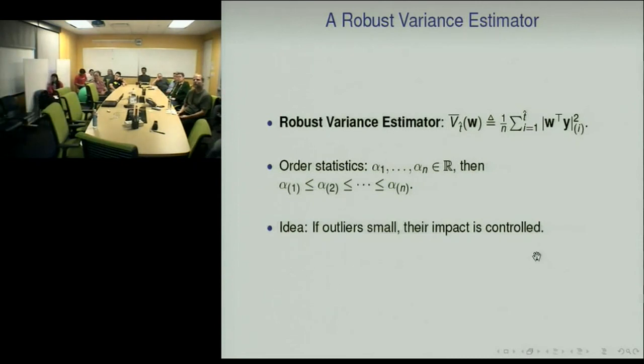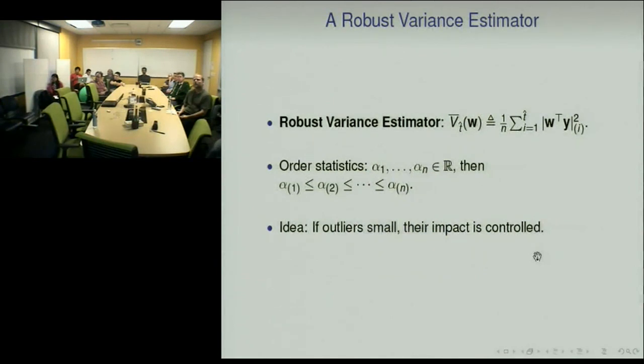You have a direction, say W, and then you order all your points from 1 to n. You do the projection, and then you order them according to the value, from 1 to n. Then you throw away the smallest and the largest few, and you just compute the variance of the points that are in the middle.